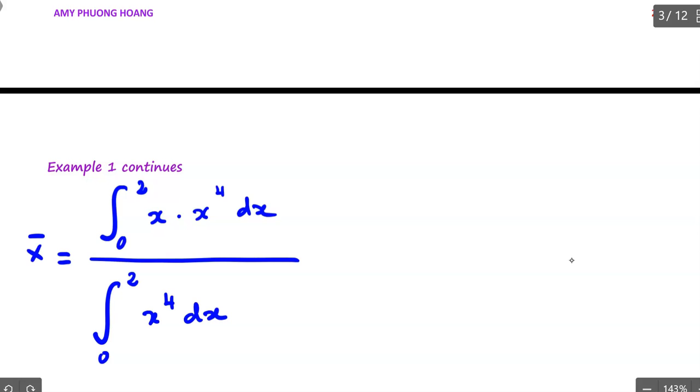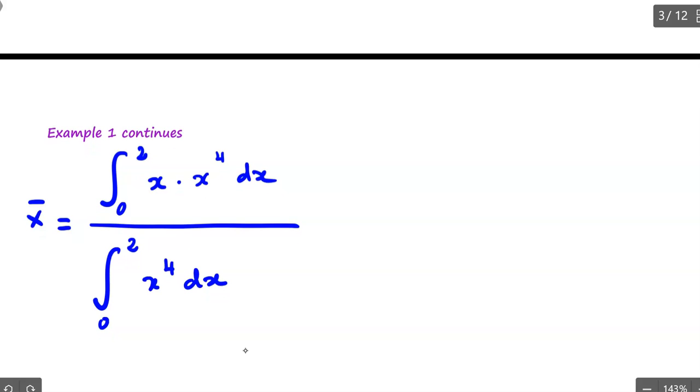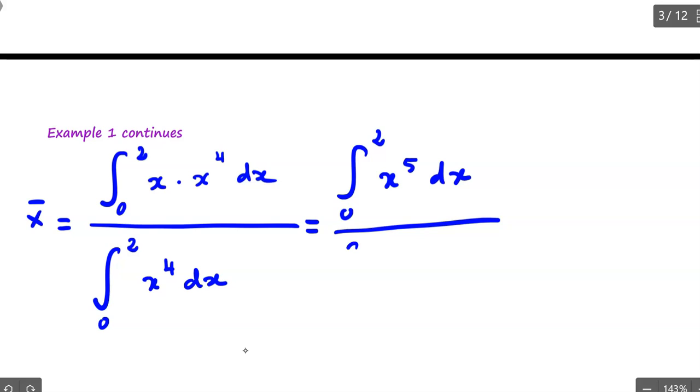Okay, I'm writing both of them, the numerator and the denominator at the same time, to show you that it's the integral that we have to work with. And we cannot cancel anything here. So the integral from 0 to 2, I should have x to the exponent 5 dx. And this one, the integral from 0 to 2, so it's still x to the exponent 4 dx.